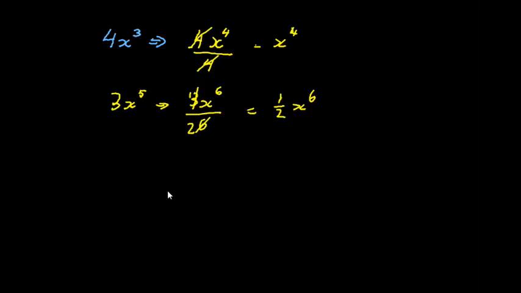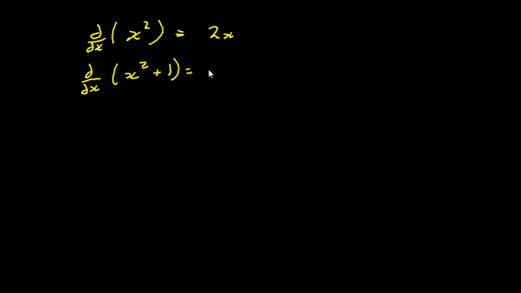Now, before I go on, let's go back a step. So before, we know the derivative of x squared is 2x. It's also true that the derivative of x squared plus 1 is also 2x. And we can also say the derivative of x squared plus 1000 is also 2x.